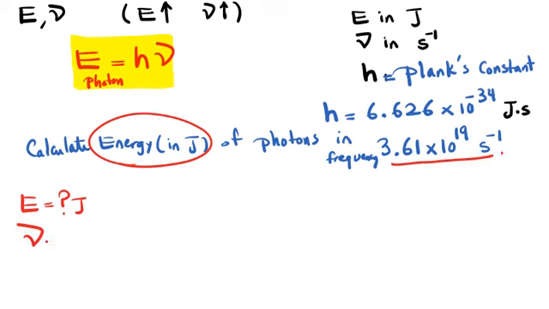So I'm going to write nu equals 3.61 times 10 to the positive 19 per second.